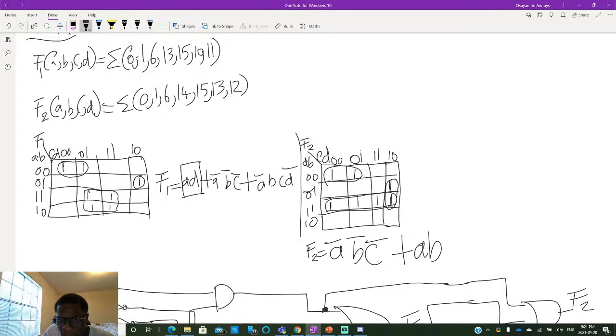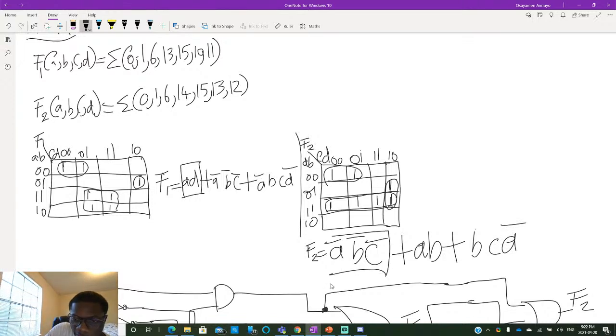And the last term is basically B, C, D bar. So the term we share is A bar, B bar, C bar, not AD. So that was a mistake.